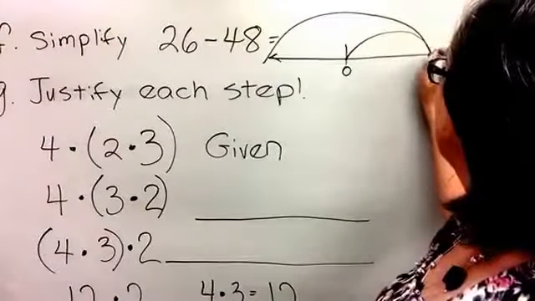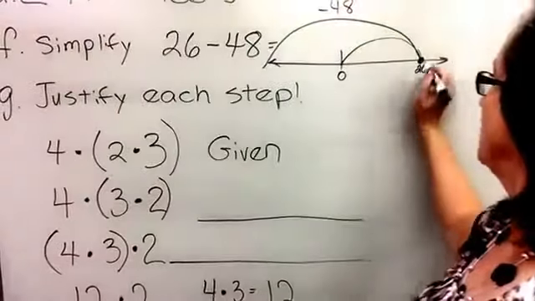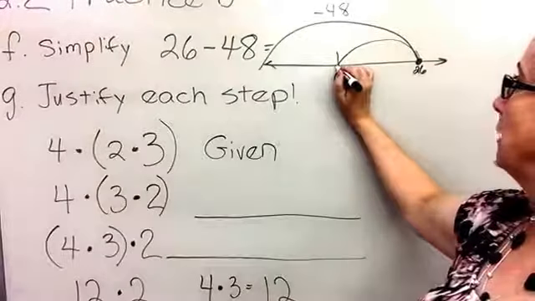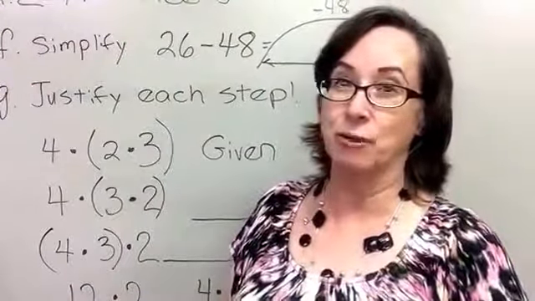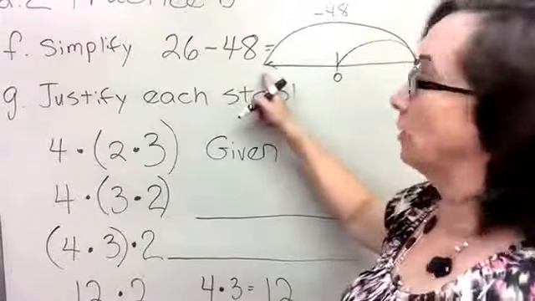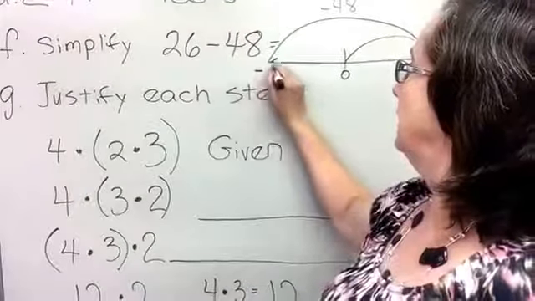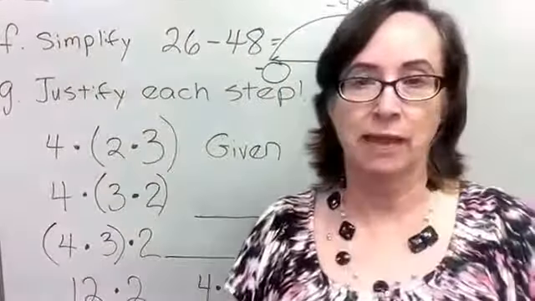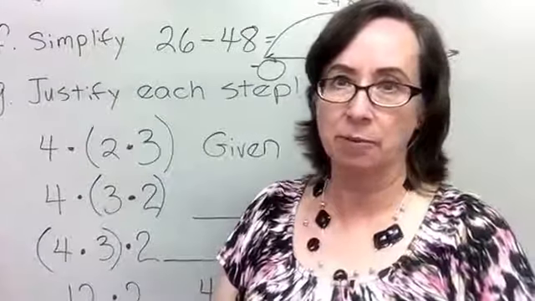We're subtracting 48, which means we're going to subtract the 26 and then some more until we have subtracted 48 altogether. And we're going to wind up over here to the left of 0. Negative something. Now, how do we figure out what that negative number is?